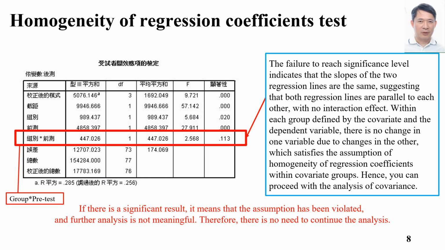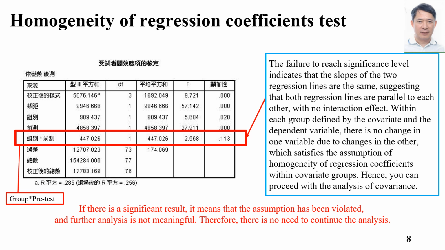First, we need to observe if there is an interaction between the group and the pretest. If the significance of the interaction term, group*pretest, is greater than 0.05, it means it does not reach the significance level. This indicates that the slopes of the regression lines for the two groups are the same and the lines are parallel, implying no interaction effect.